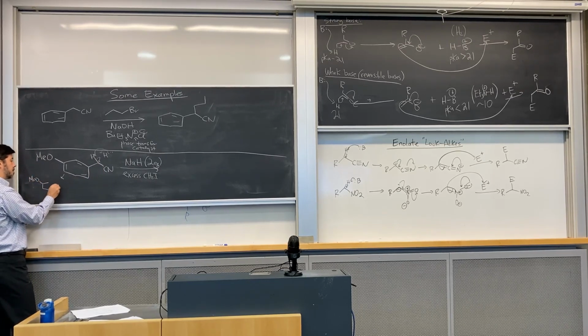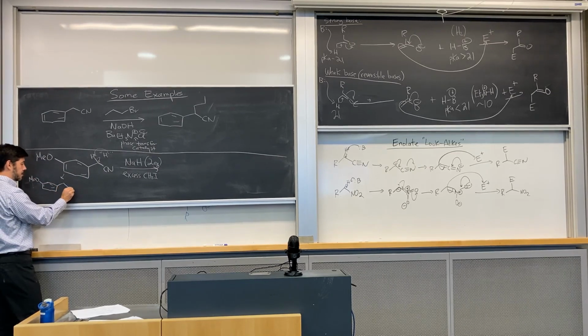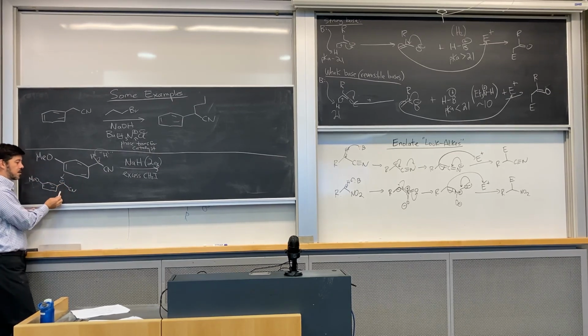I'm just highlighting the mechanism so we can understand better what's happening. So there's your carbanion, but it says we have 2 equivalents of sodium hydride. Now, do you see other sites within this molecule where we can deprotonate?